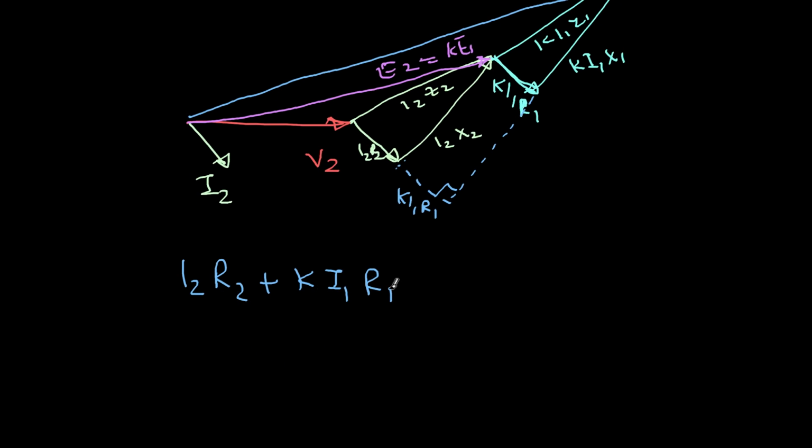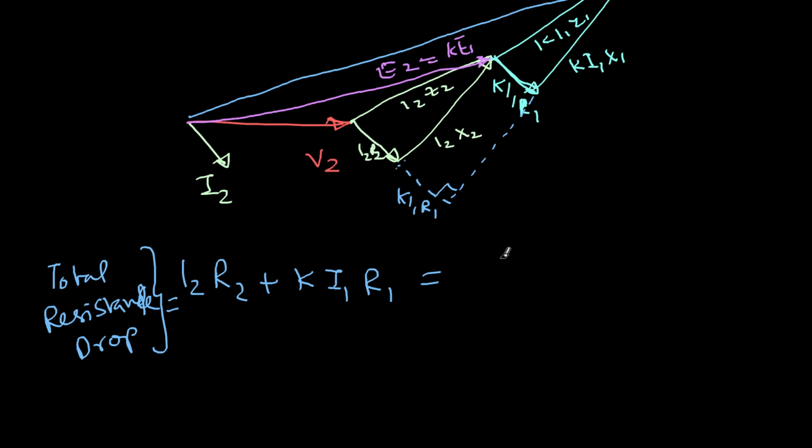But what is I1? So this is total resistance drop. So that is I2 R2 plus K I1 R1. Now what is I1? I1 is nothing but I2 dash, which is nothing but K into I2.